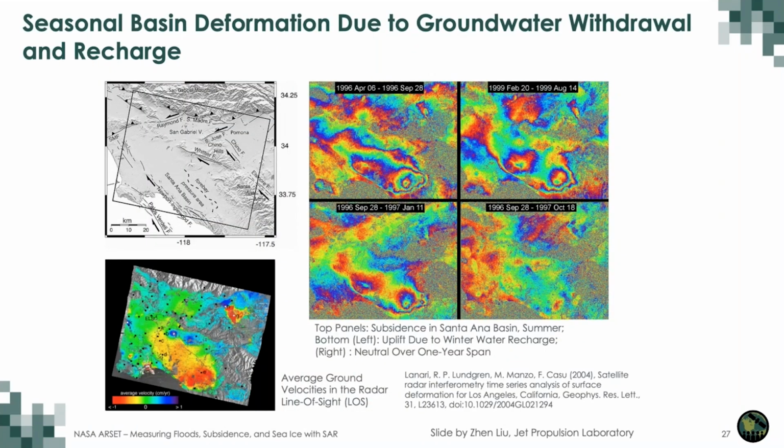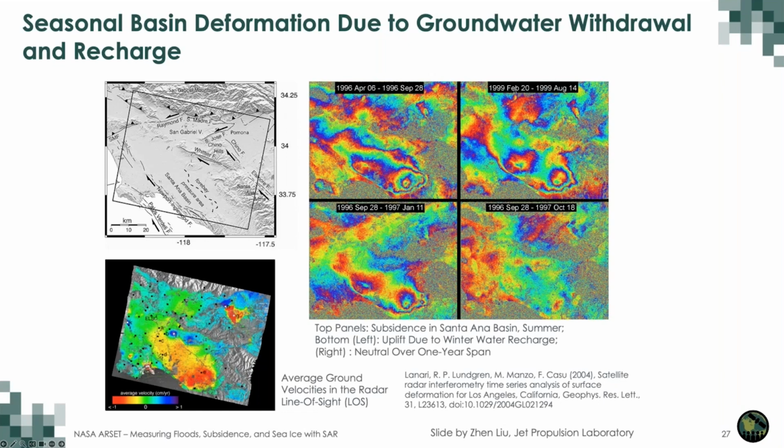This is an example of the seasonal deformation over the area of Los Angeles and Santa Ana. There's a big groundwater basin called the Santa Ana Basin to the southeast of Los Angeles. And if we look at an April to September interferogram during the dry season, that shows several centimeters of subsidence.